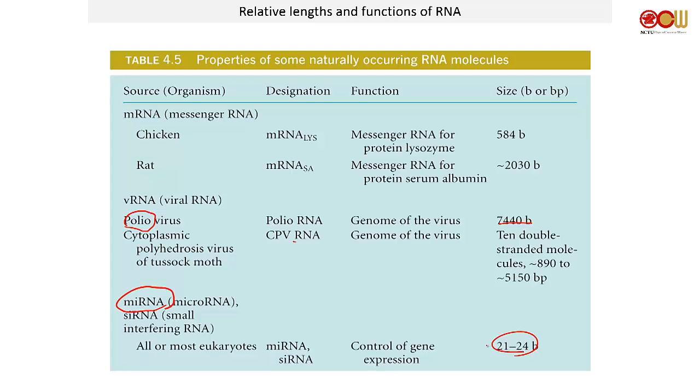Okay, they can bind to mRNA. That's one way. If you have a very small microRNA fragment, let's say you have messenger RNA supposed to make a protein, and somewhere here you bind a very small microRNA, you stop the translation. Okay, you block translation. So microRNA is quite important.